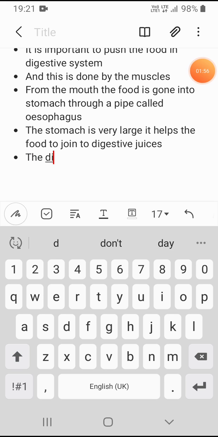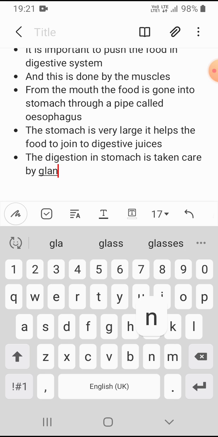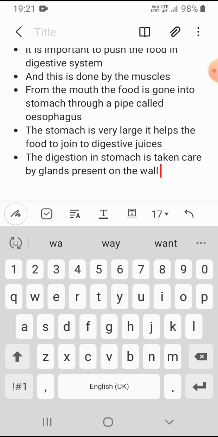The digestion in the stomach is taken care of by glands present in the wall of the stomach.